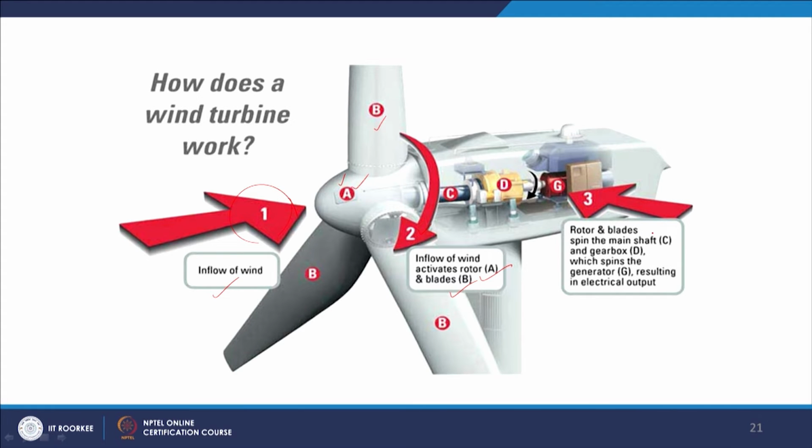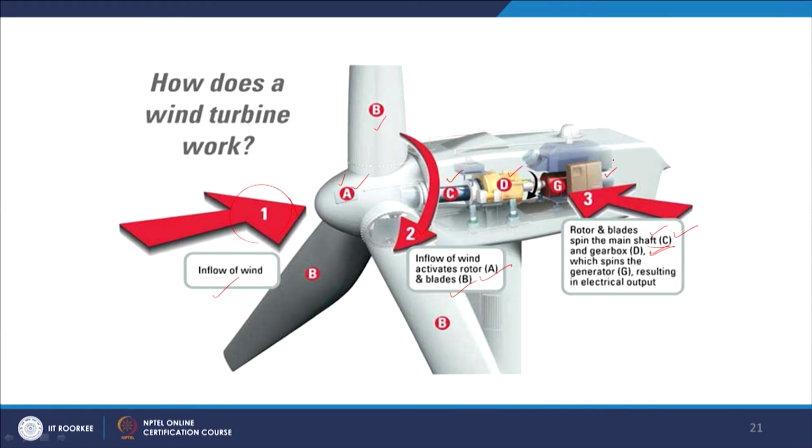After this we have C, the main shaft. Due to the rotor and blades movement, the main shaft rotates through the gearbox. This gearbox is the D section. We have the main shaft and the gearbox, and next is the generator with another high speed shaft.